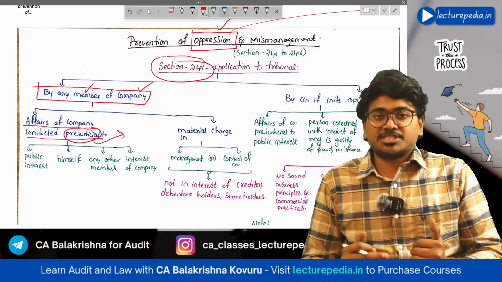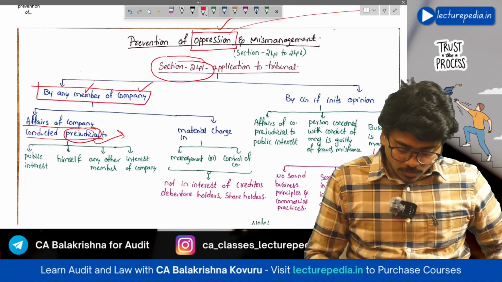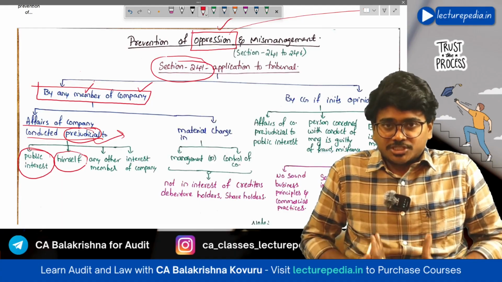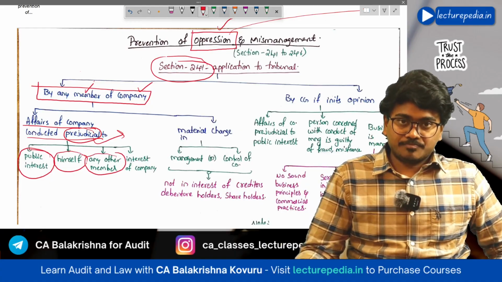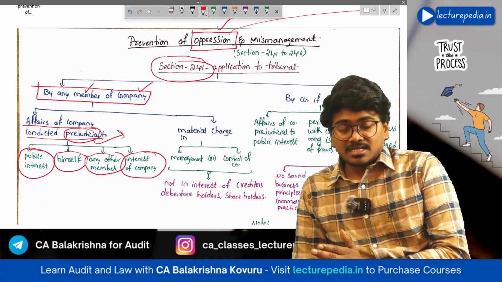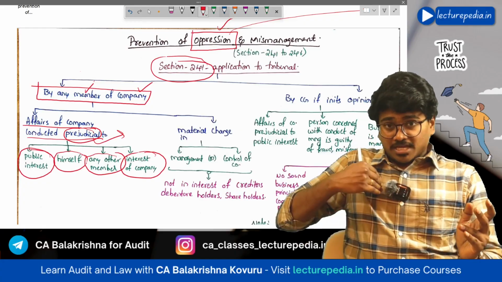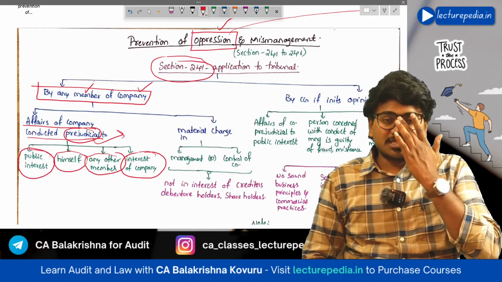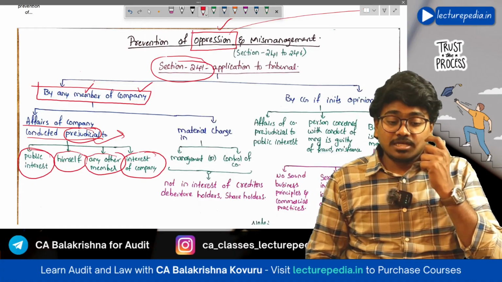So if the affairs of the company are being conducted in a manner prejudicial to public interest, or prejudicial to the interest of himself, meaning the shareholder himself, or to the interest of any other member, or the interest of the company, in these situations the member, that is the shareholder, can file an application under section 241 with the tribunal.